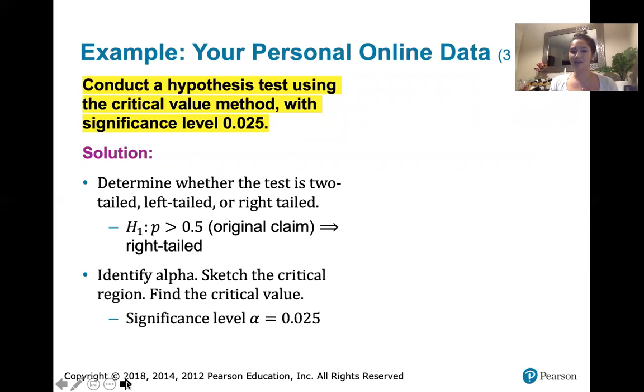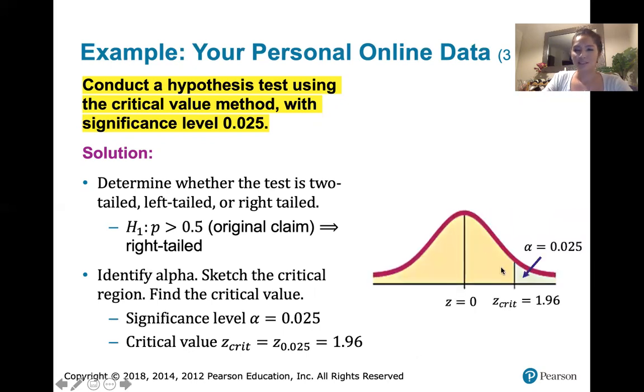Our significance level of alpha equals 0.025 was given to us in the problem statement. And the critical z value associated with that area is z sub 0.025. If you look up the area of 0.025 to the right, or alternatively, the area to the left of 0.975, because this is saying, let's look at the picture, we want the area of the top 2.5% to be our critical region.